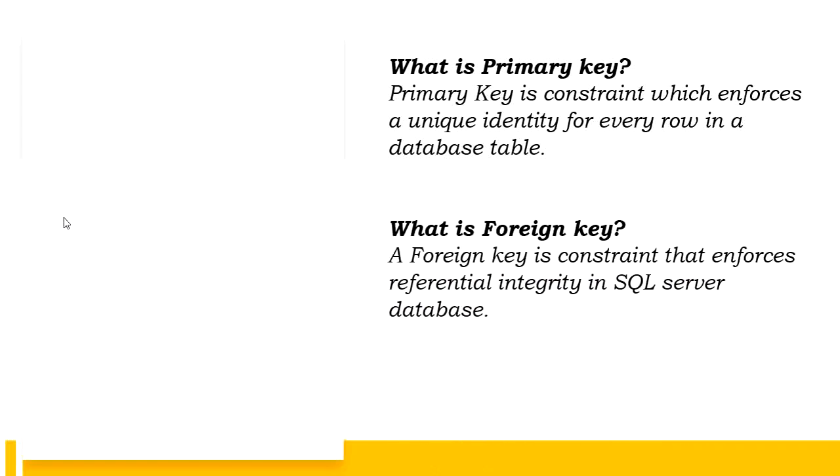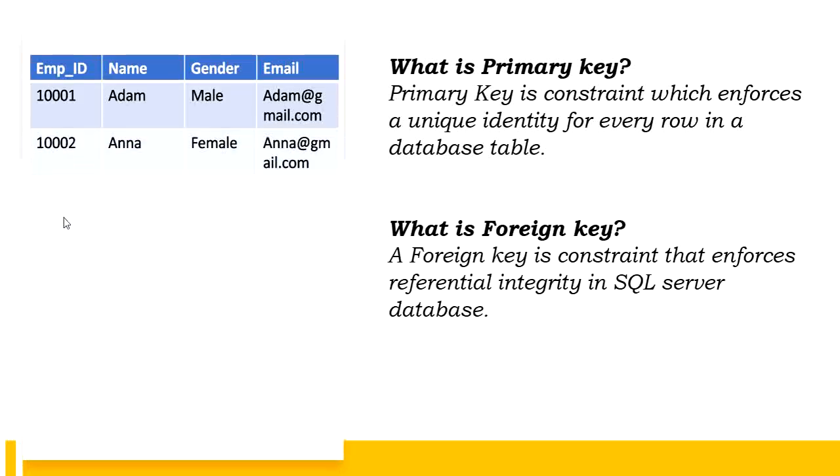A foreign key is a constraint that enforces referential integrity in a SQL Server database. Okay, so let's understand it through an example. If you see here, we have employee ID, name, gender, as well as email address.